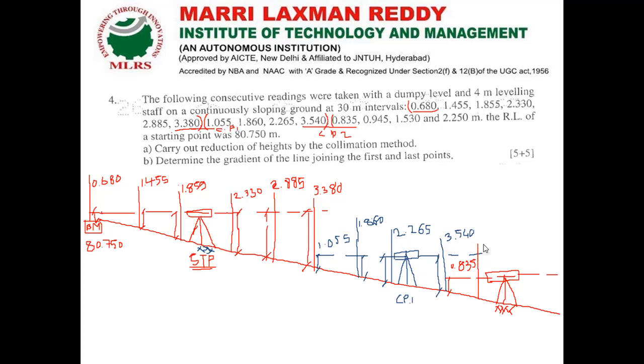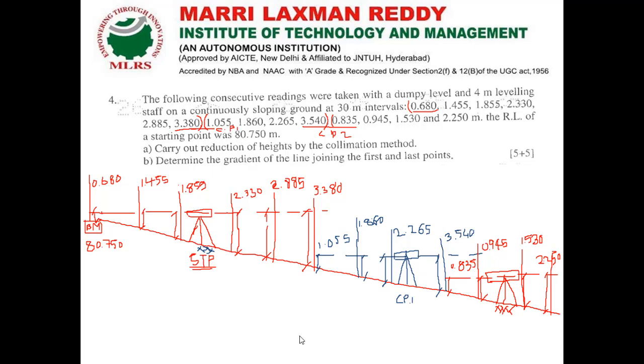Then after that 0.945, then after 30 meter distance the reading is 1.530, and at last it is 2.250. So this is the height with respect to ground to the line of collimation.